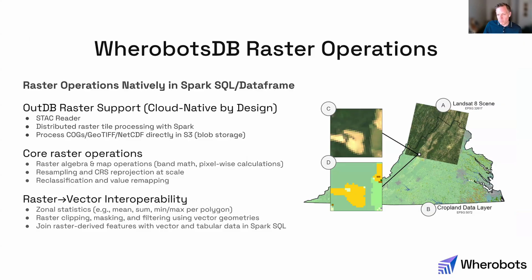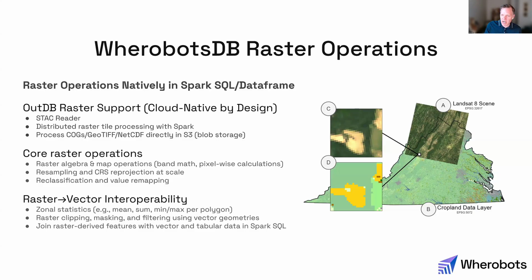We have built-in support for what we call an OutDB raster, so you can efficiently work with the raster without pulling all of the raster information into memory. You're only selectively pulling the tiles, the specific pixels that you need to process into memory when they're needed for specific compute. And that allows you to run more efficient pipelines at this global scale.